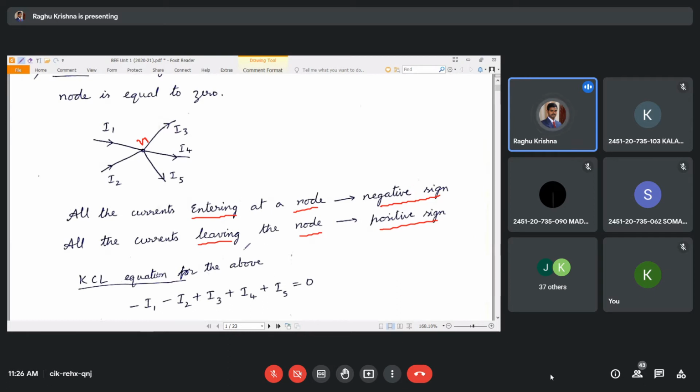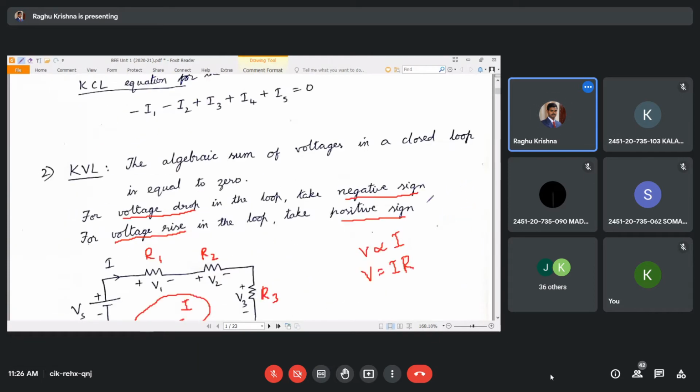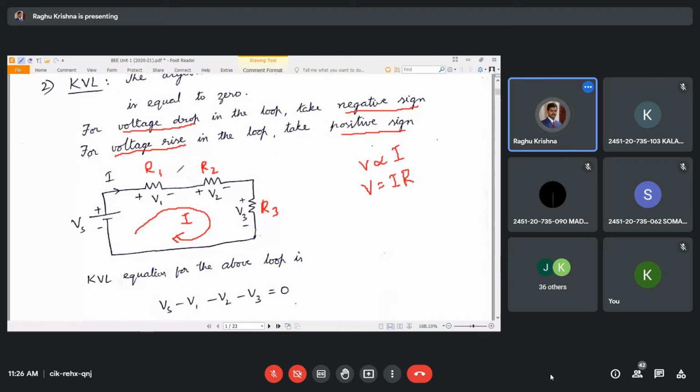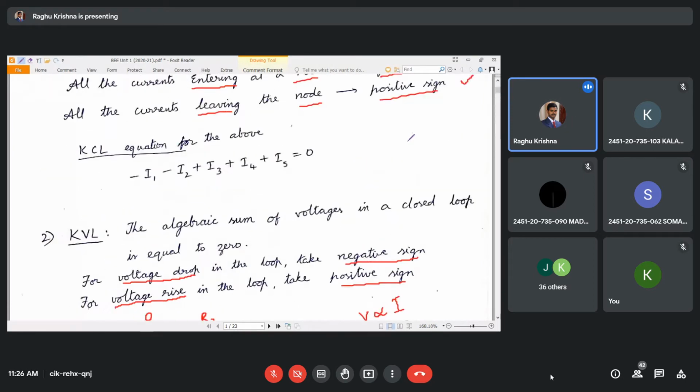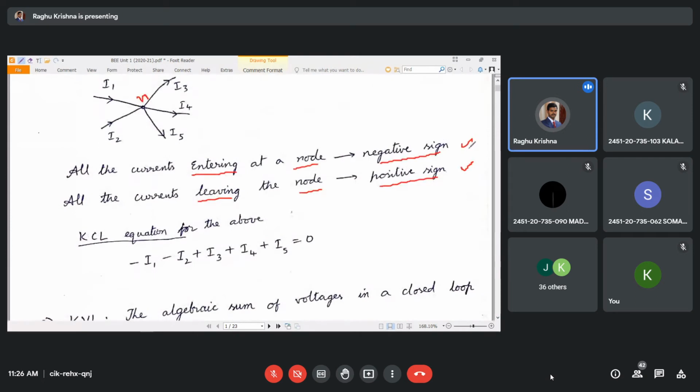Currents leaving the node, take positive sign. This you have to remember. Drop means negative, rise means positive. Entering the node means negative sign, leaving the node means positive sign. So this convention is very useful.